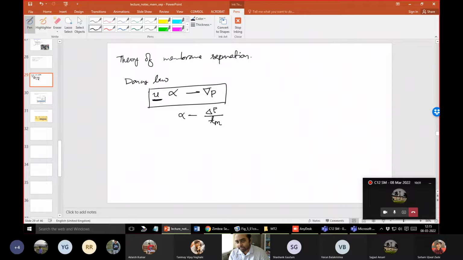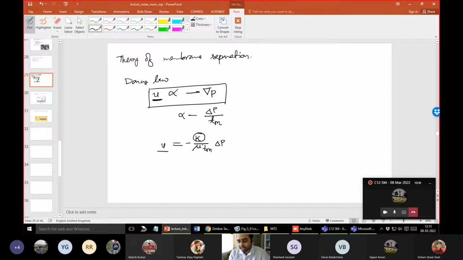And the next question is how to remove this proportionality constant. Typically that's how the concept of permeability evolved. You write it in something like this.